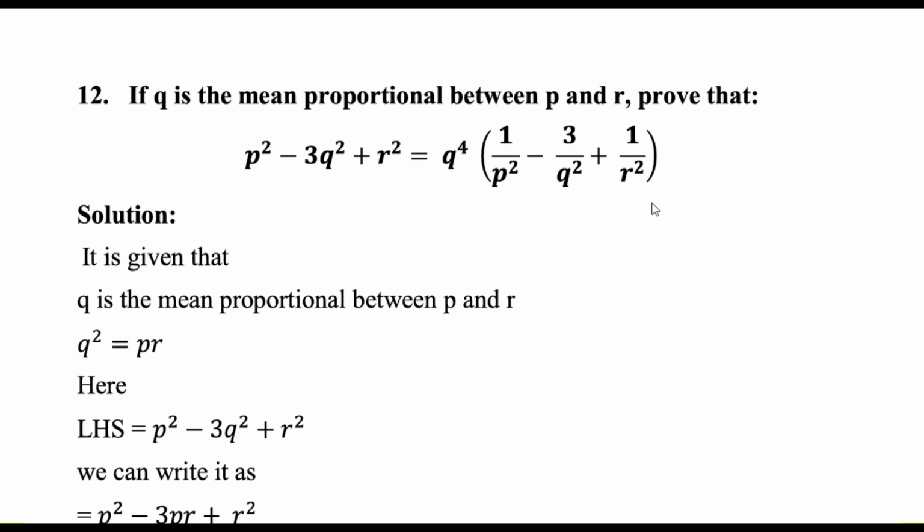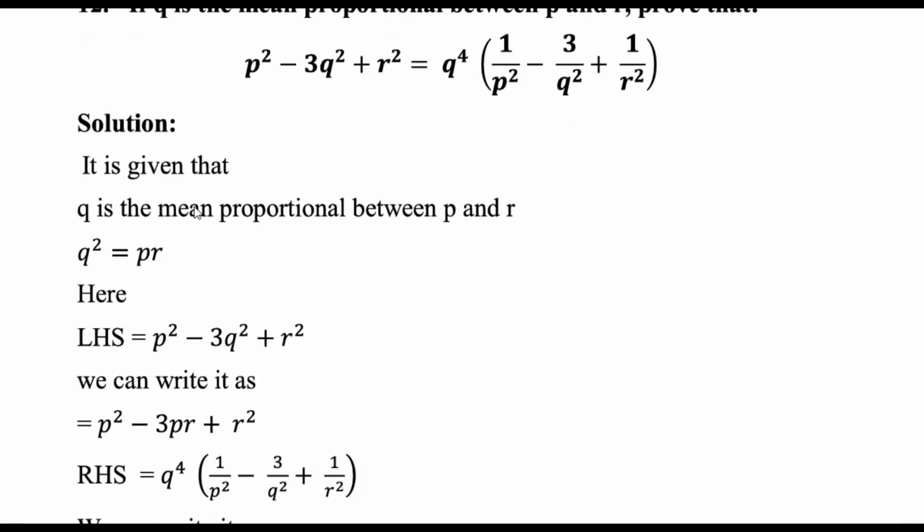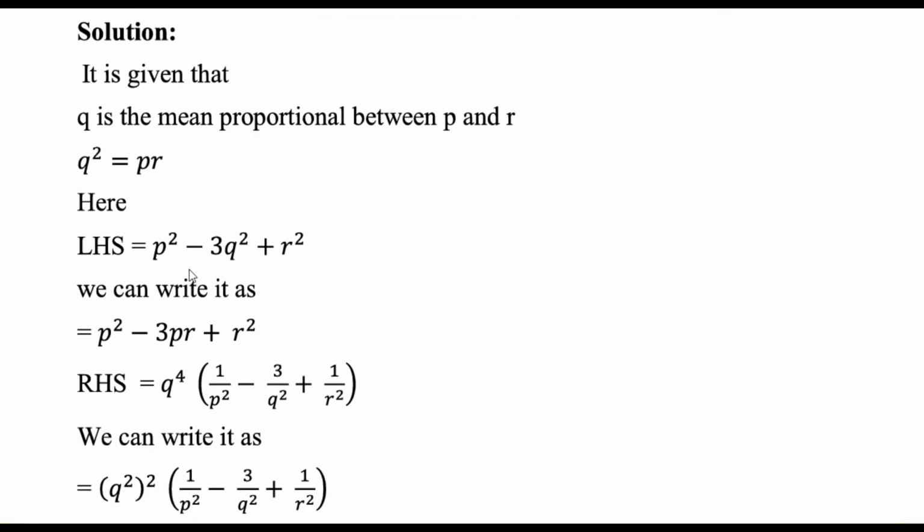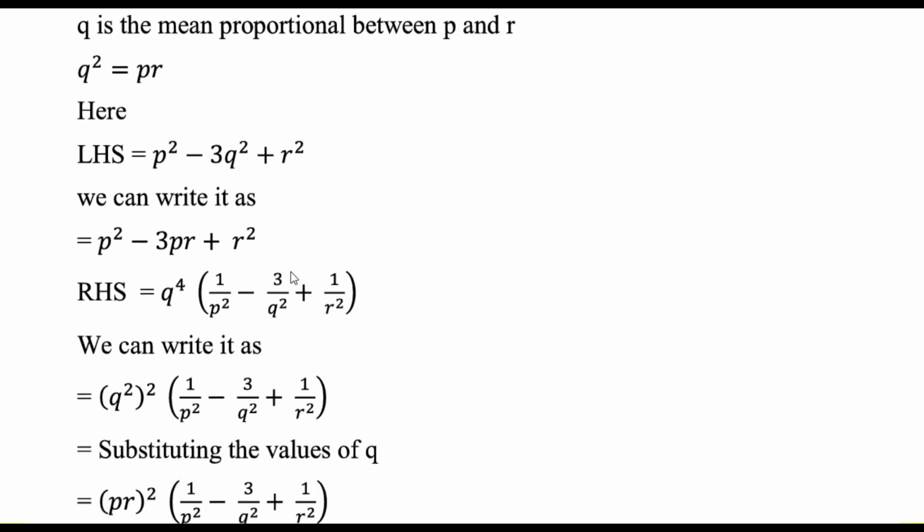Okay, so let's solve one by one. As it is given that Q is the mean proportion between P and R, so Q square is equal to PR. So the left hand side, P square minus 3 into Q square plus R square, we can write as P square minus 3PR plus R square.